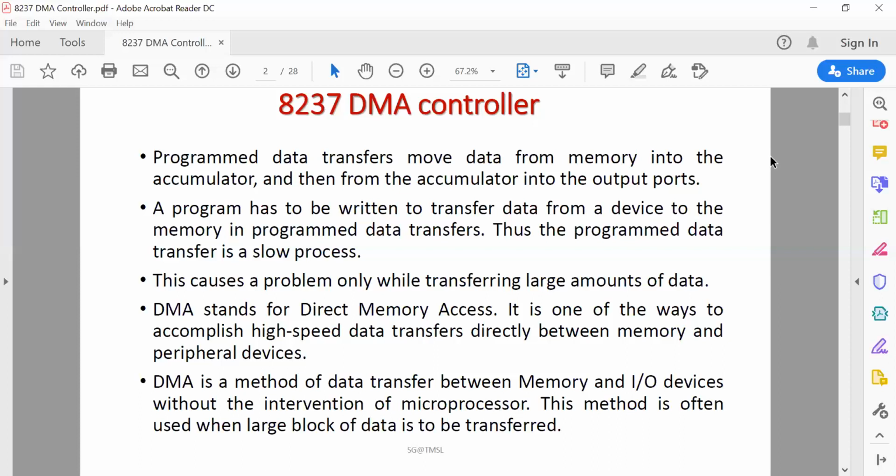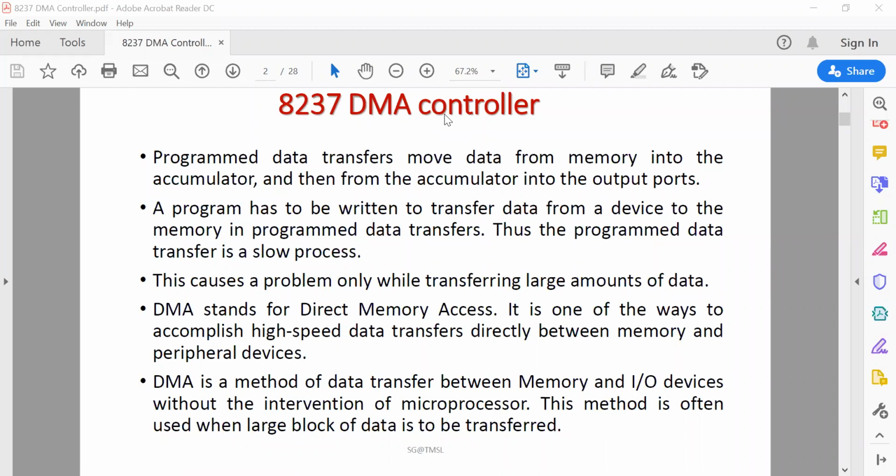It involves moving data from memory into the accumulator, then from the accumulator it goes to the output port or output devices. So a program has to be written to transfer the data bytes from a device to the memory. That's why it's a slow process, and this causes a problem while transferring a large amount of data.